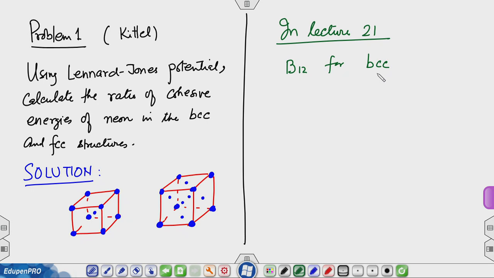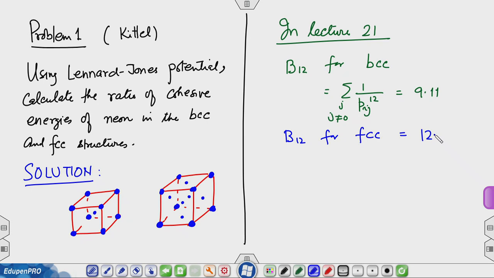I had given you the number and you will be calculating it, which is nothing but summation over j, j not equal to 0, 1 over p_ij raised to 12. This comes out to be 9.11. And B12 for FCC came out to be 12.13.